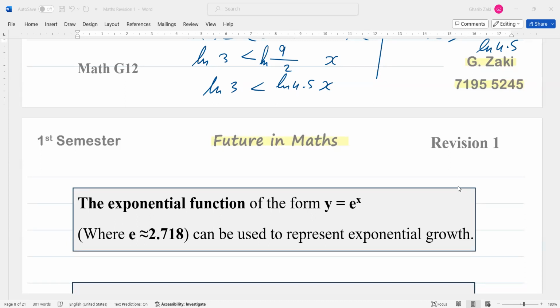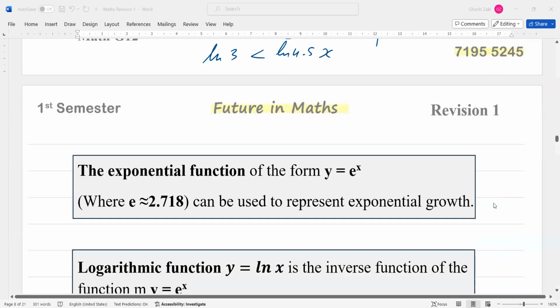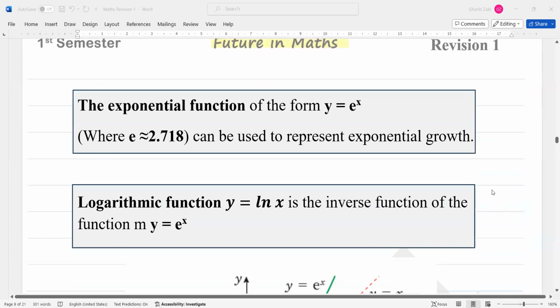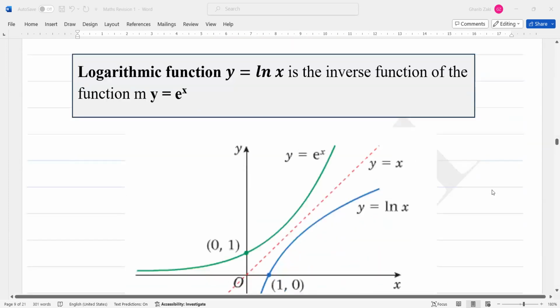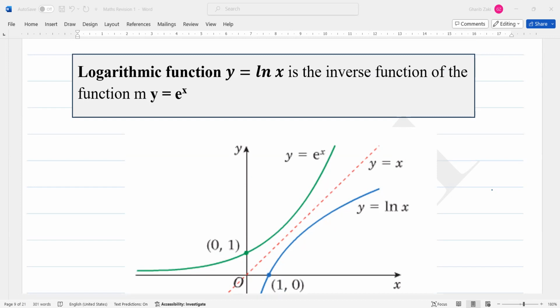The exponential function y equals e to the power of x and the logarithmic function are inverses of each other. So e to the power x is a curve that intersects the y-axis at the point (0, 1). It has the x-axis as a horizontal asymptote.